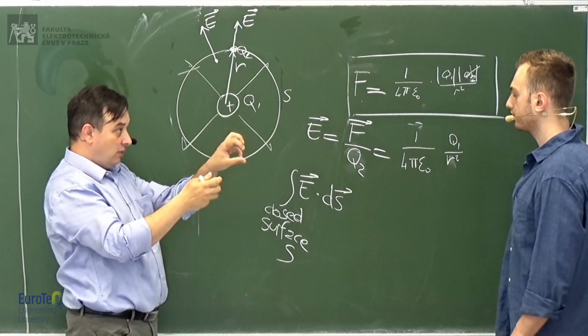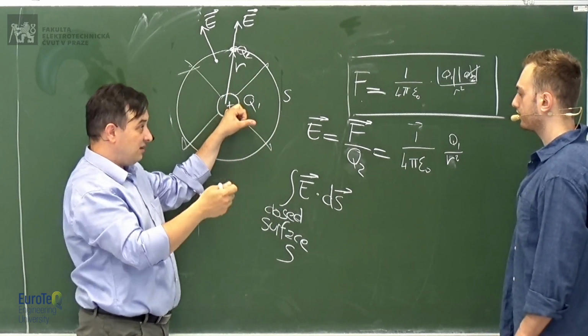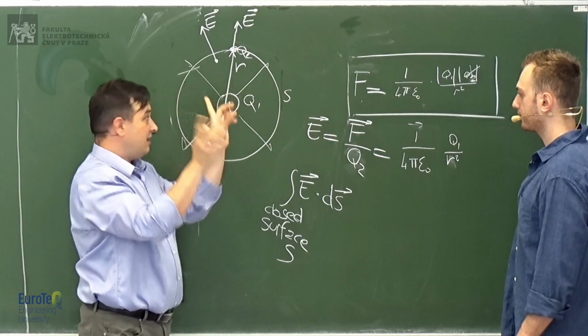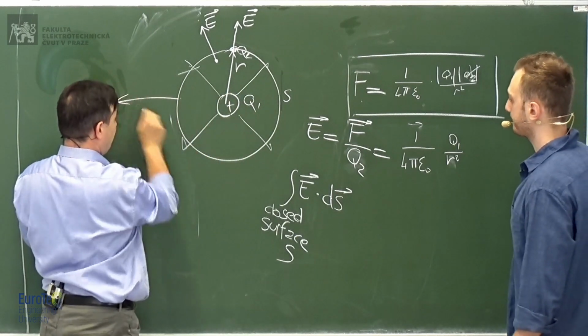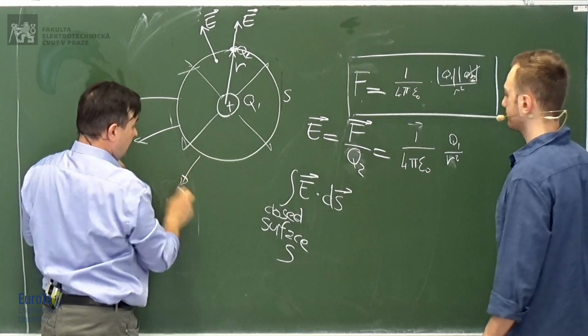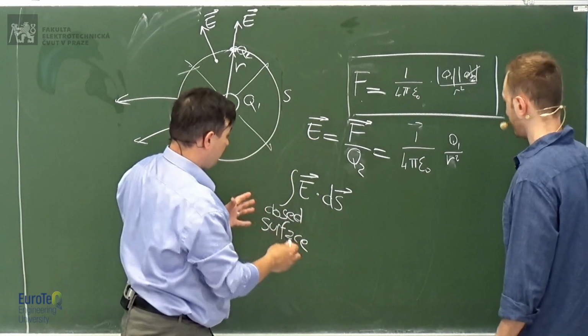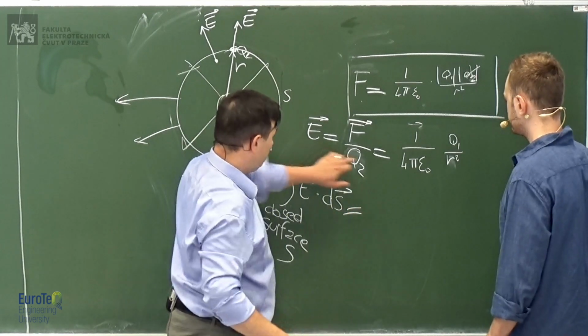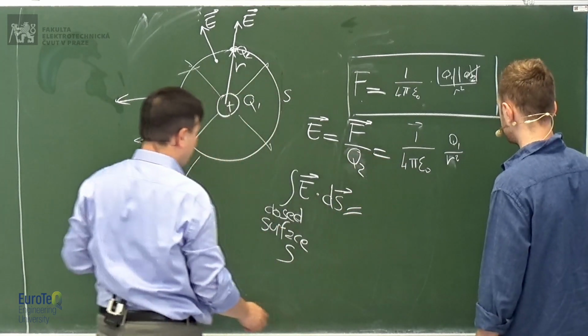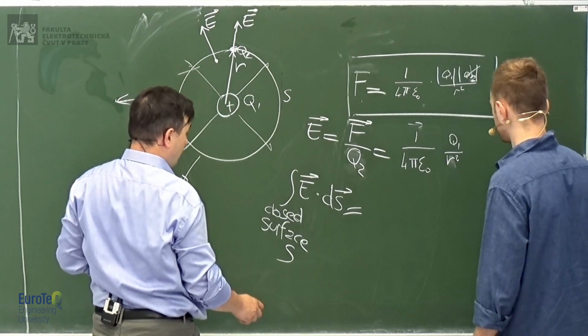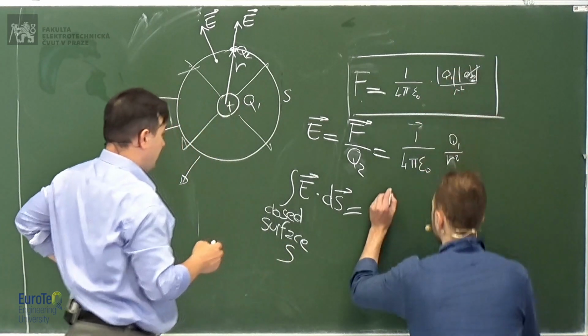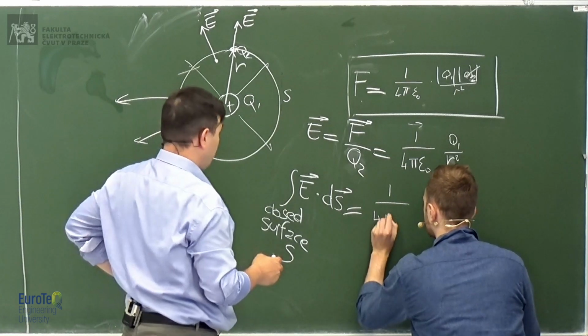The charge is in the center, so it's always radial. In any point of the surface it's pointing radially. So you just have to take the integral of this all over the surface.